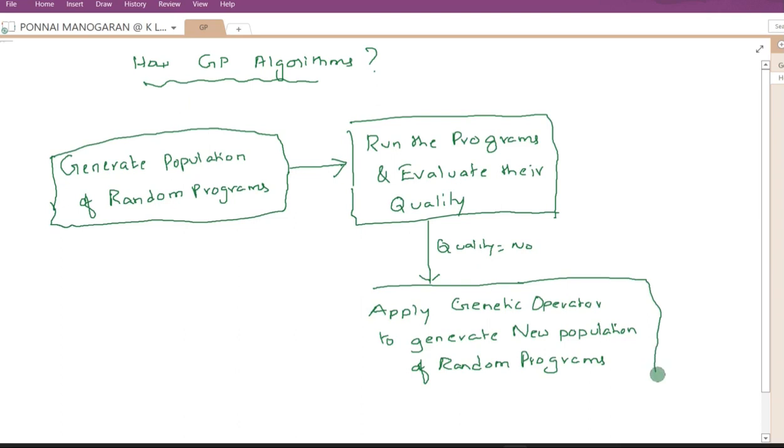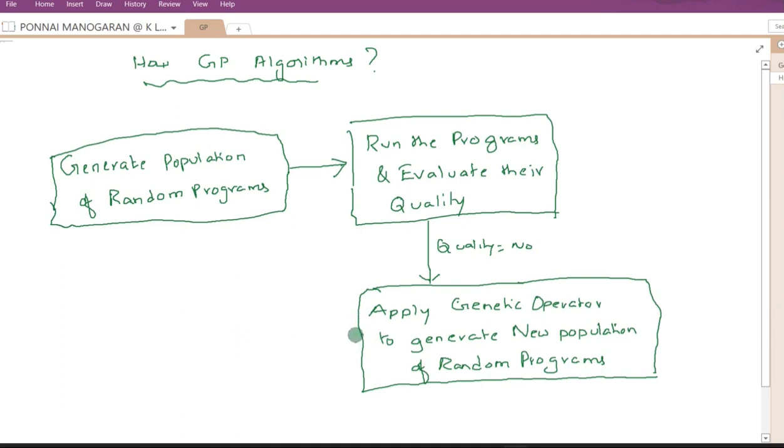Here also we are going to discuss the genetic operators like crossover and mutation. But here the difference is we will apply them to generate programs. In genetic algorithms, we apply mutation and crossover for generating solutions.